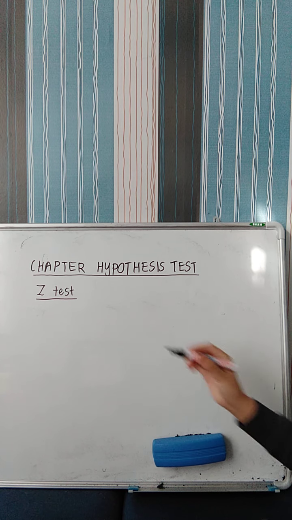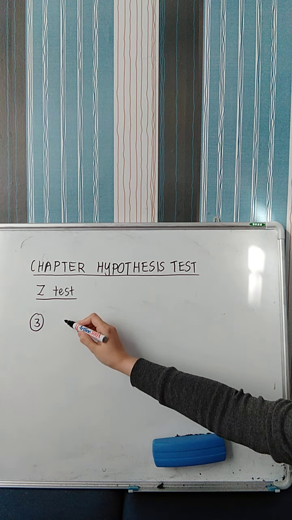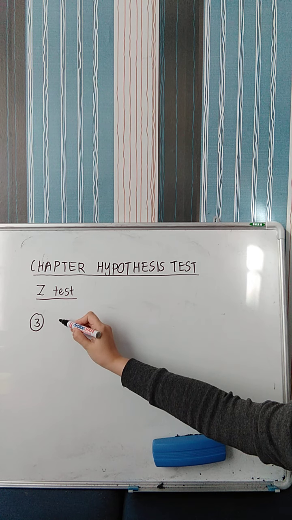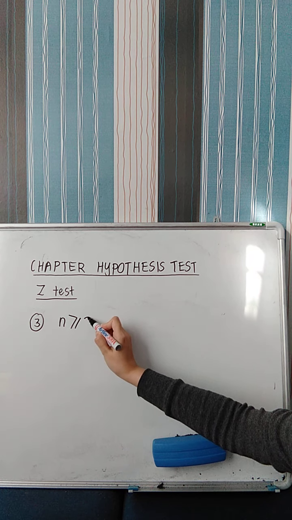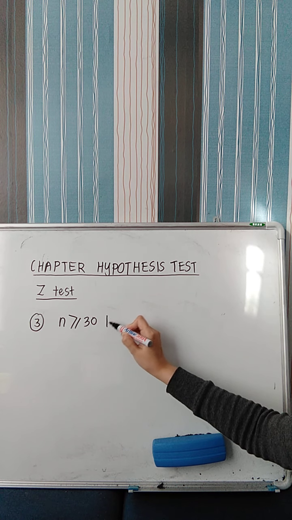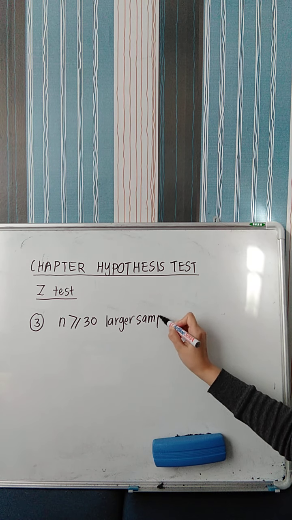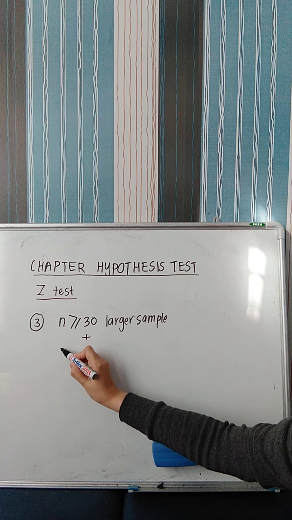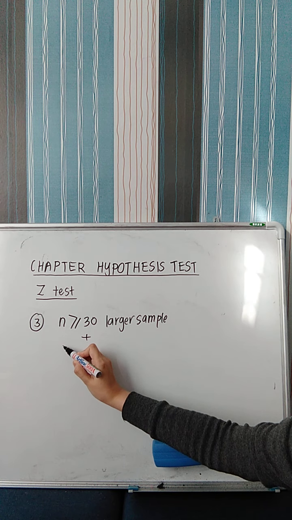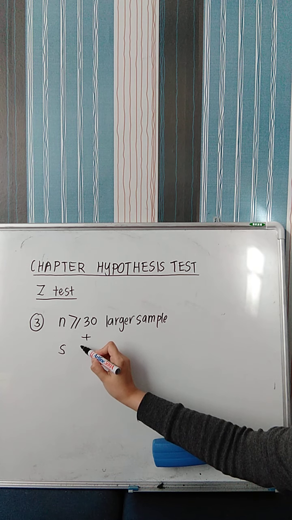Next, condition number 3. Larger sample means your n is more than or equal to 30. This is larger sample. And S is for sample.